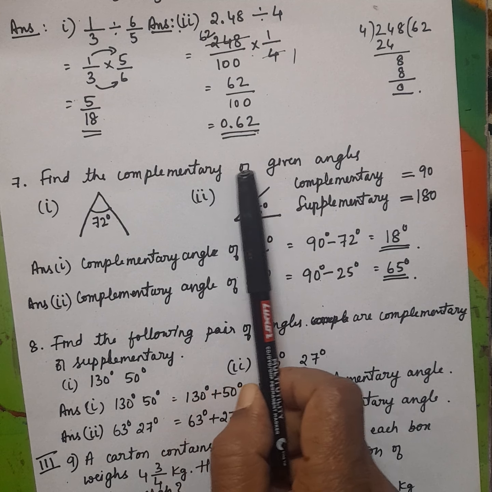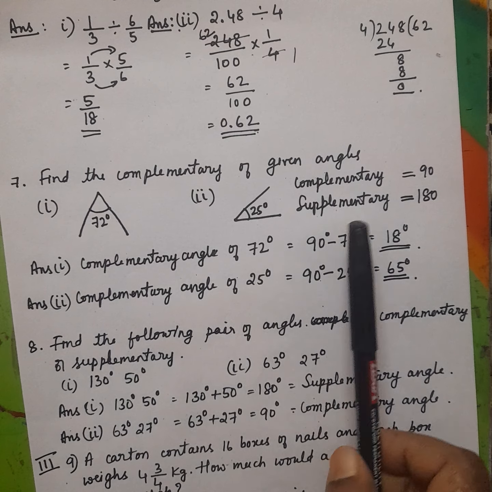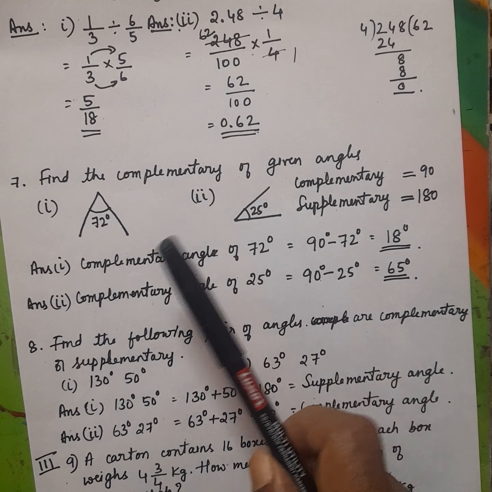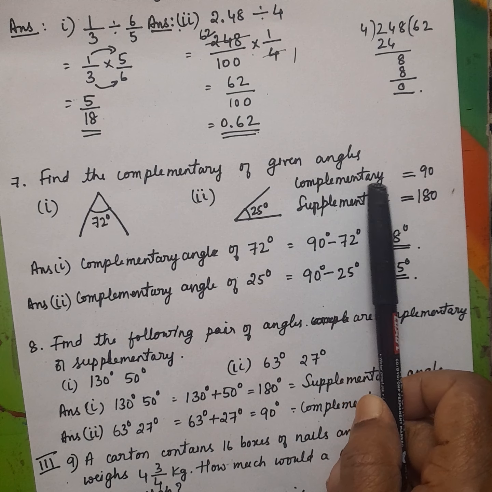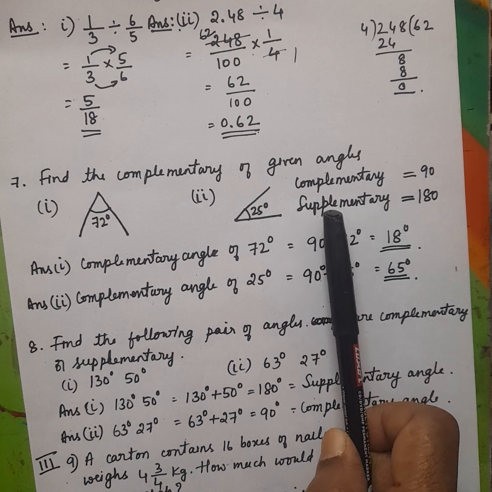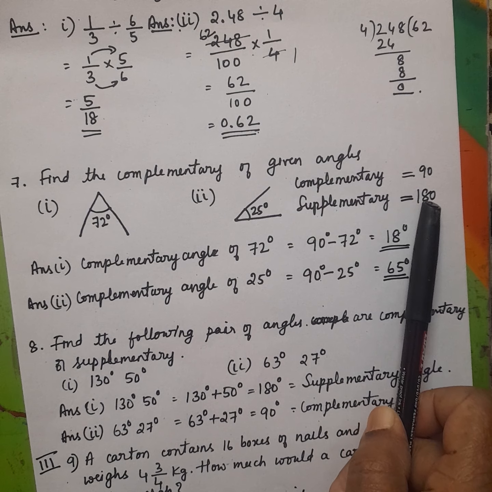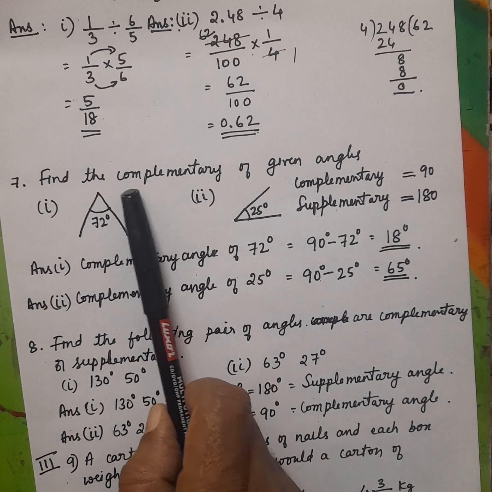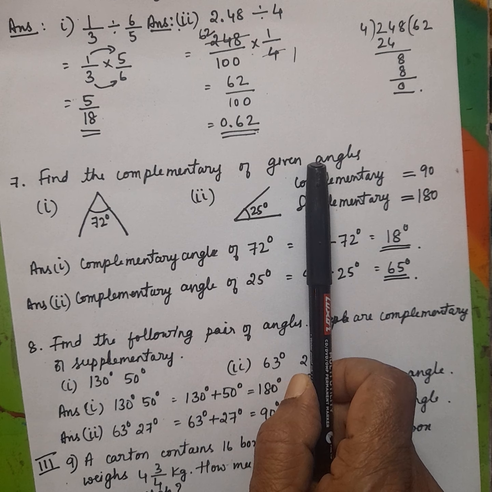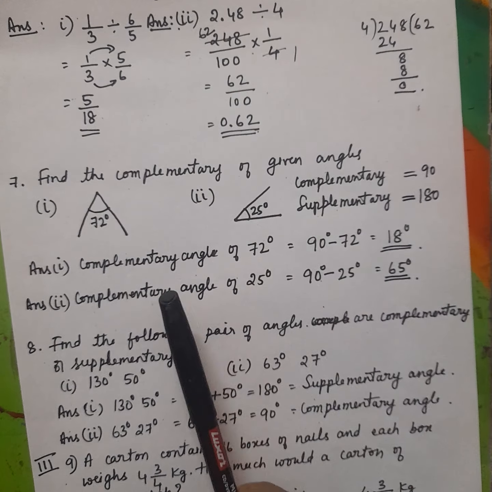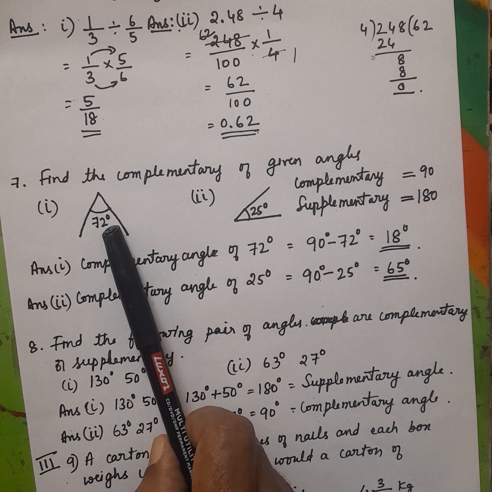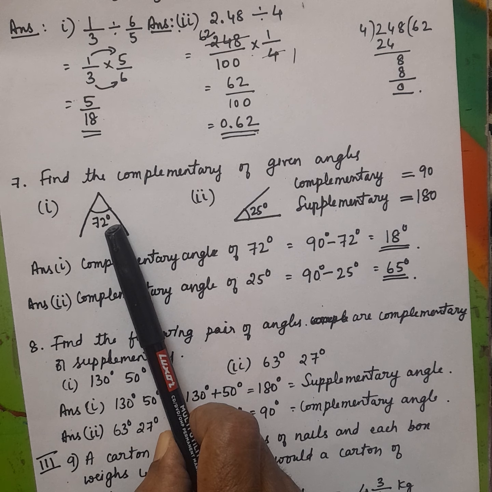Find the complementary of the given angles. Now you know what is complementary and what is supplementary. Complementary angle means the sum is 90 degrees. Supplementary angle means 180 degrees. Now we have to find the complementary angles for the given angles. That is, when the angles are added, it should become 90 degrees.